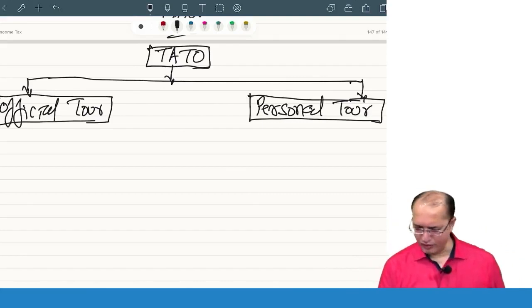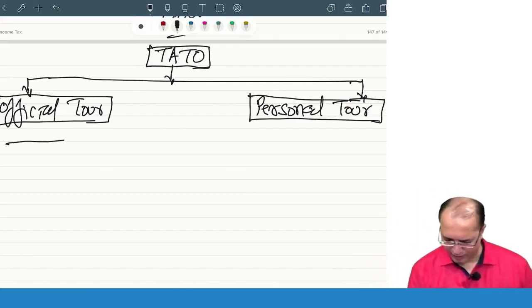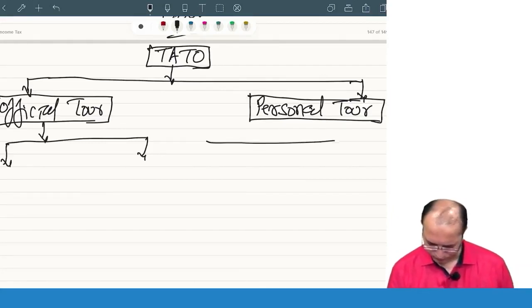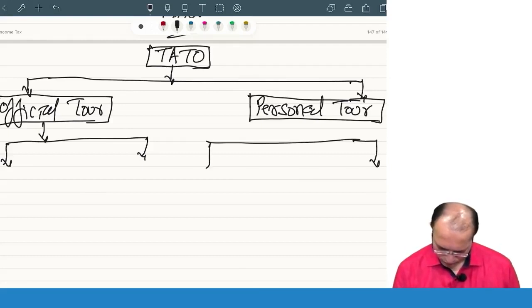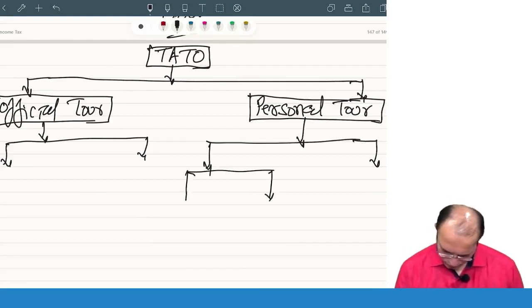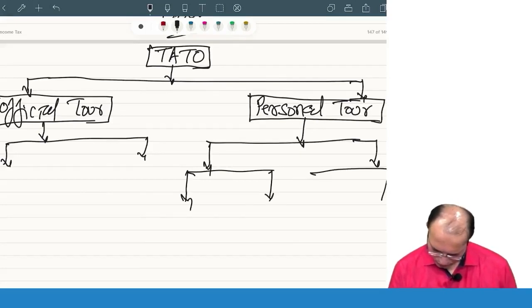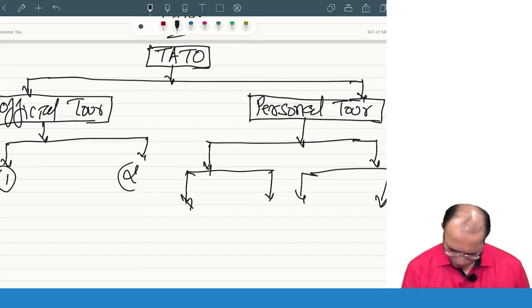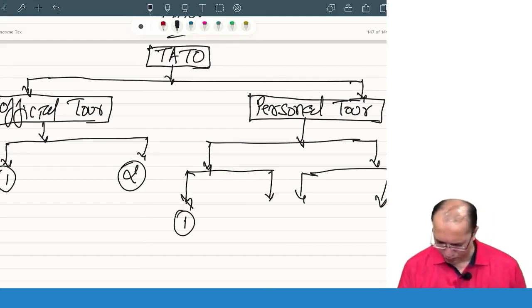See, if you are on an official tour, generally nothing should become taxable to you. So on the left hand side we have 2 possibilities, 1 and 2. On the right hand side we have 4 possibilities.